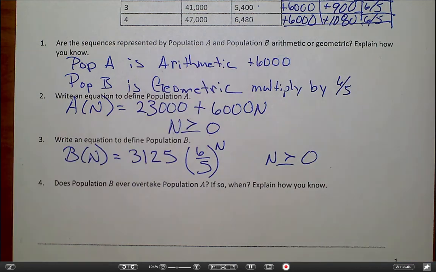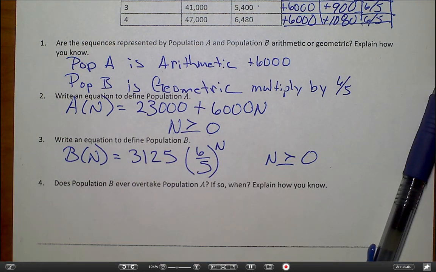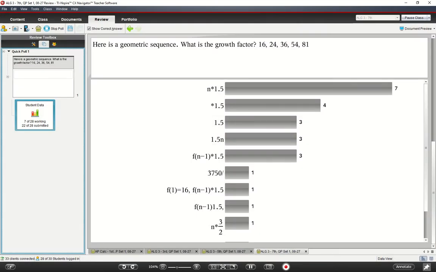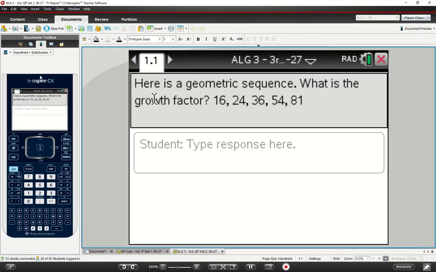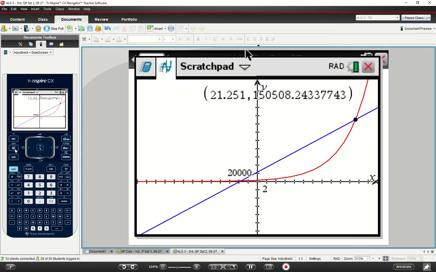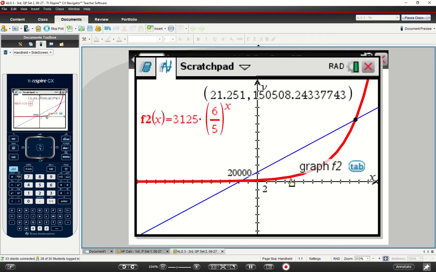Now, let's see how it works out that it is going to catch it. So I've set this up in the calculator for you, so you guys can see this. If you notice, this is my function in blue. That's my first one, my arithmetic. And then my function in red is my second one, my geometric.